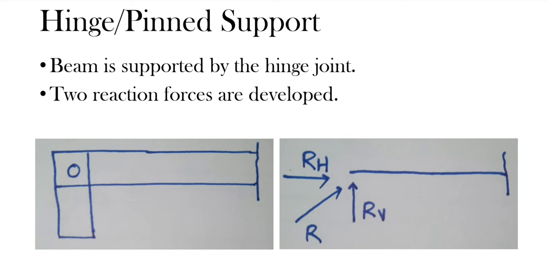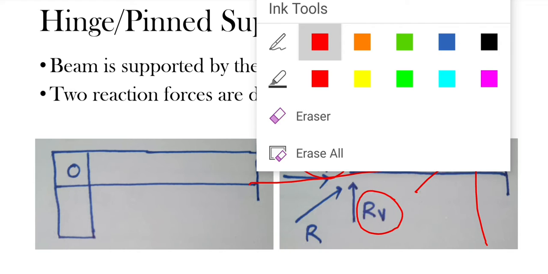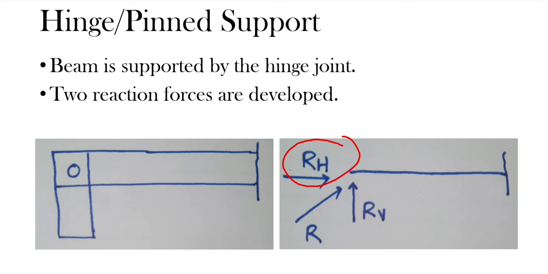See here is the RH force and this is the RV force. RH is in this direction and RV is in the perpendicularly upward direction to the beam. If we use RH and RV to find a resultant, the resultant will be R.